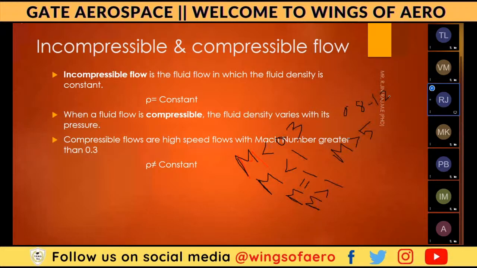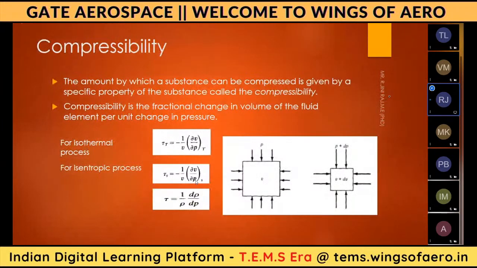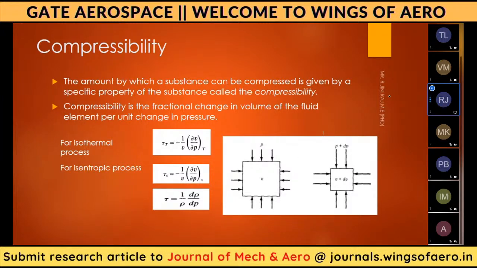Then for compressible flows, there is an important term called compressibility. Compressibility is defined as the amount by which a substance can be compressed, given by a specific property of the substance.